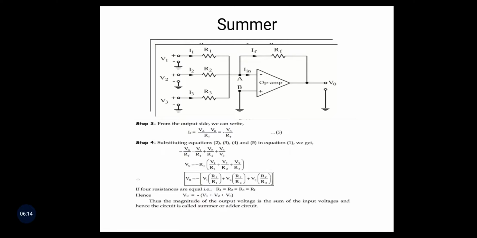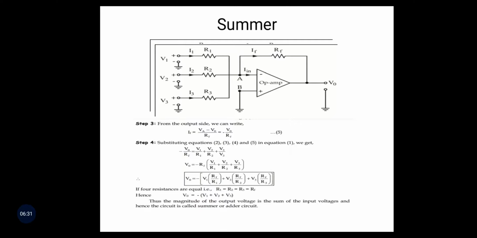Substitute equations 2, 3, 4 and 5 in equation 1. So equate IF and the currents: I1 plus I2 plus I3 equals IF.